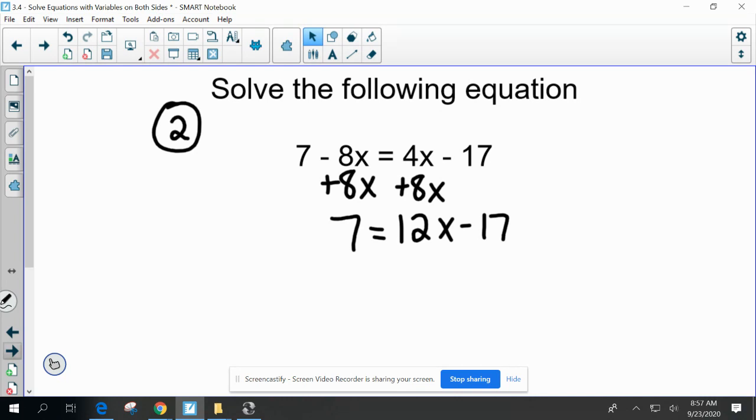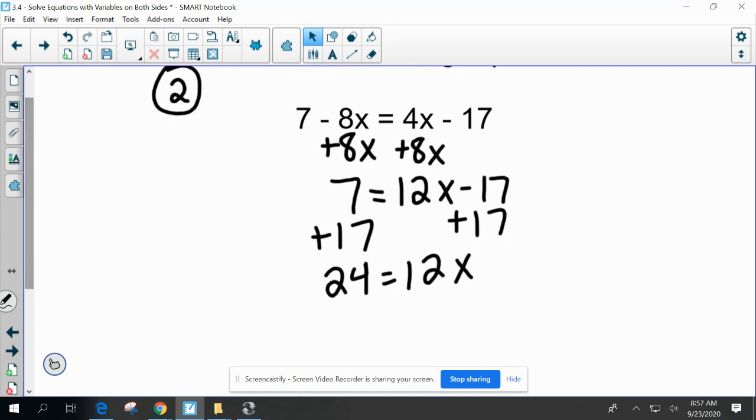But now I'm going to keep x there, and I'm going to isolate it. So I'm going to add 17 to both sides. So 24 equals 12x, and then divide by 12. So 2 equals x.